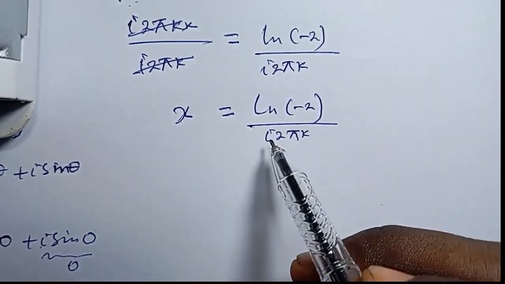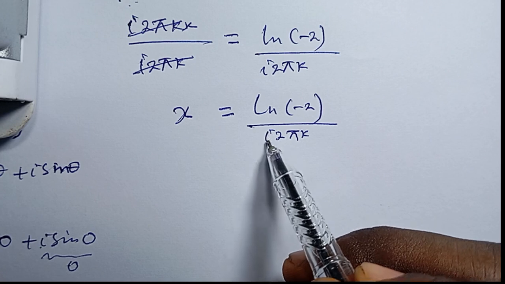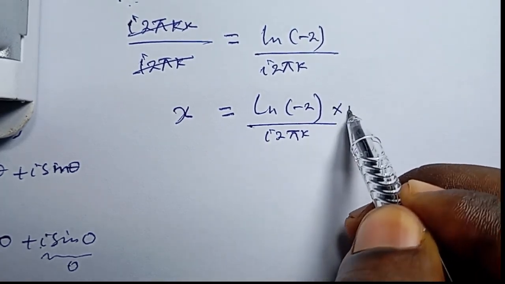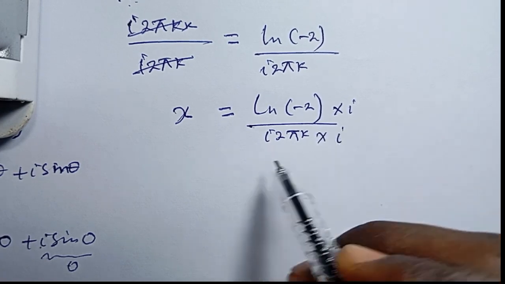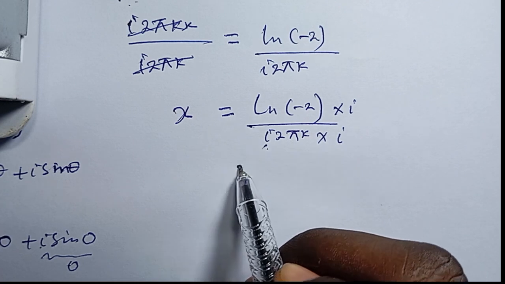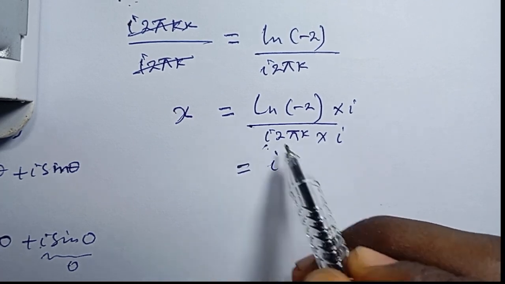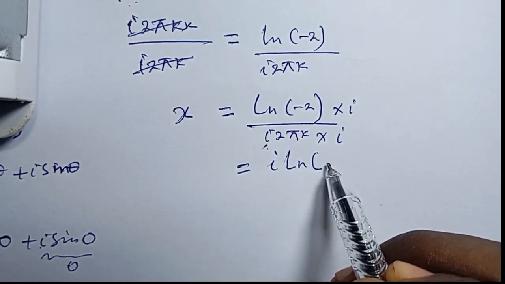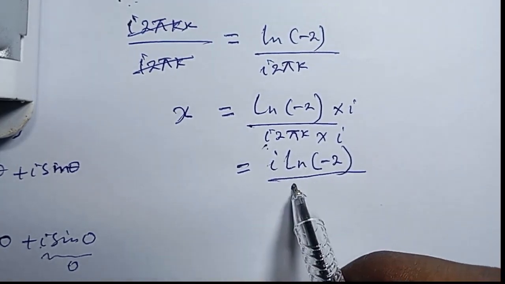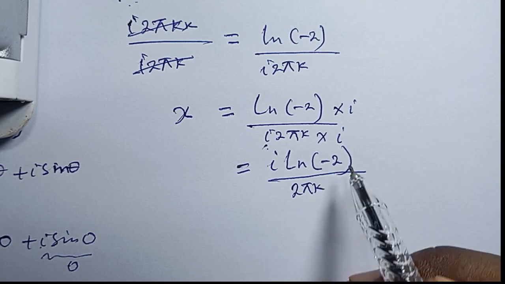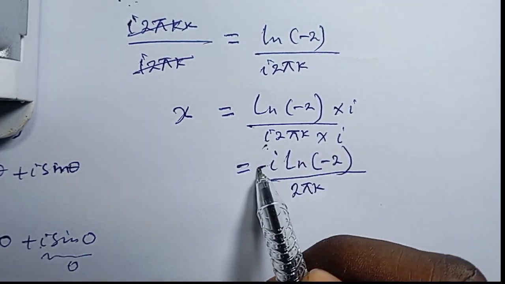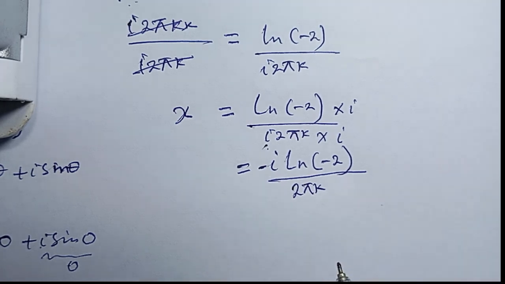But i is not supposed to be in the denominator, so we multiply both the numerator and the denominator by i, so that we can remove this i at the denominator. What I'm going to have is i multiplied by the natural log of negative 2 divided by 2 pi k. And i multiplied by i is equal to negative 1, so I'm going to bring up the negative 1 right here.